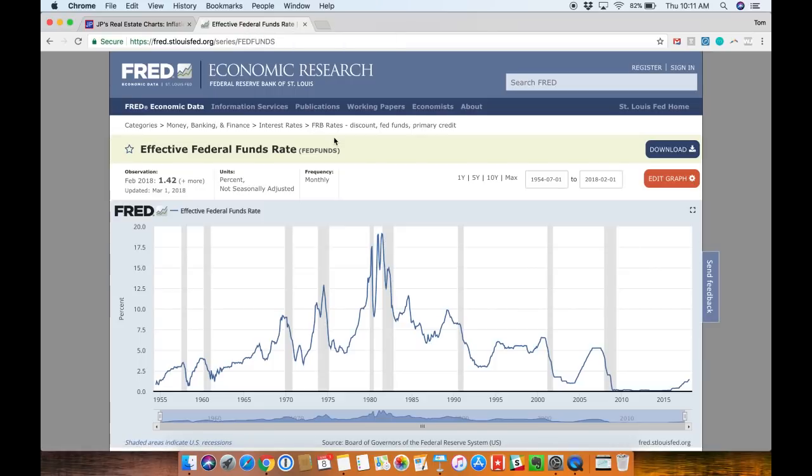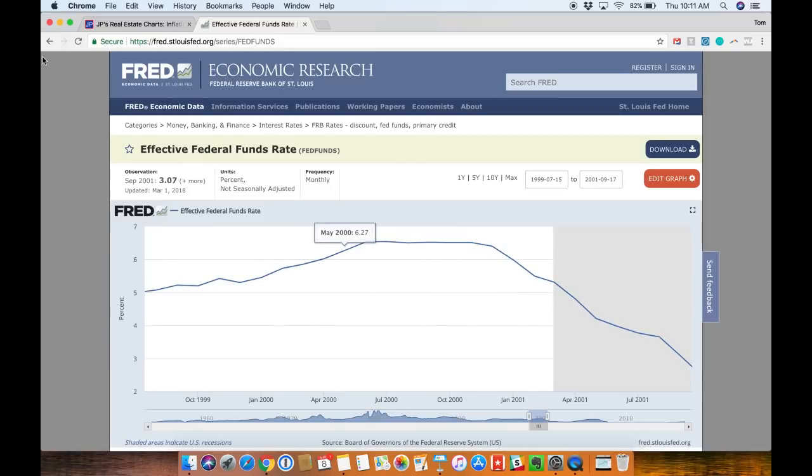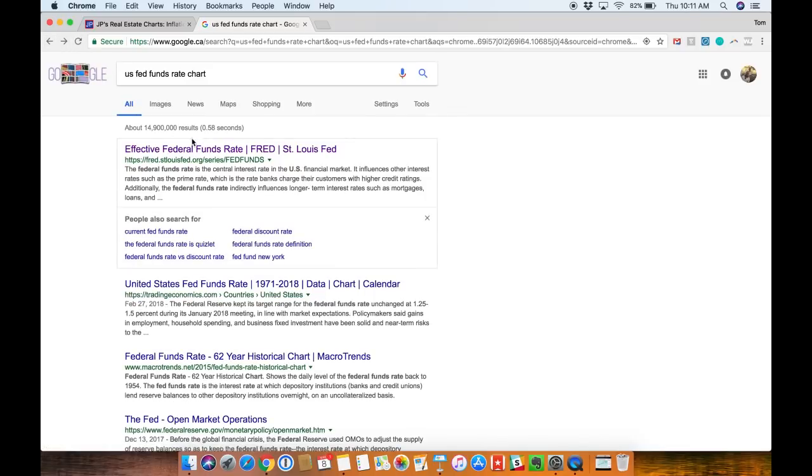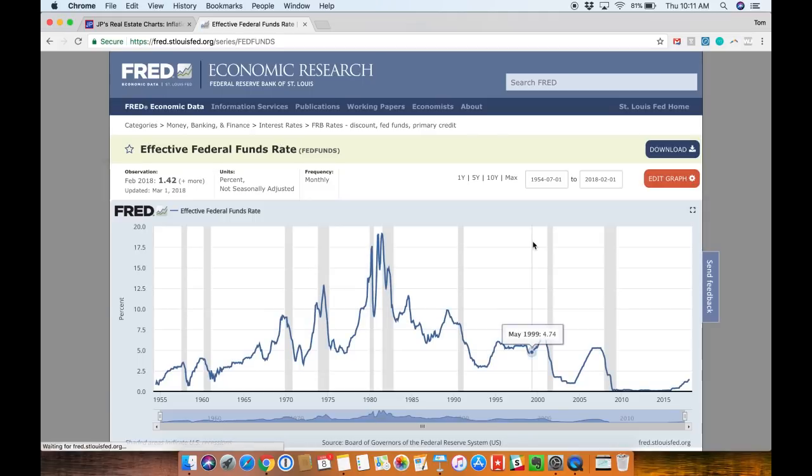I'm now over at the St. Louis Federal Reserve's website, and this is a chart of the Fed funds rate, so just effectively interest rates in the US. And if we go to the year 2000 here, what happened? If we look at this chart right around the year 2000, we can see that interest rates plunged.